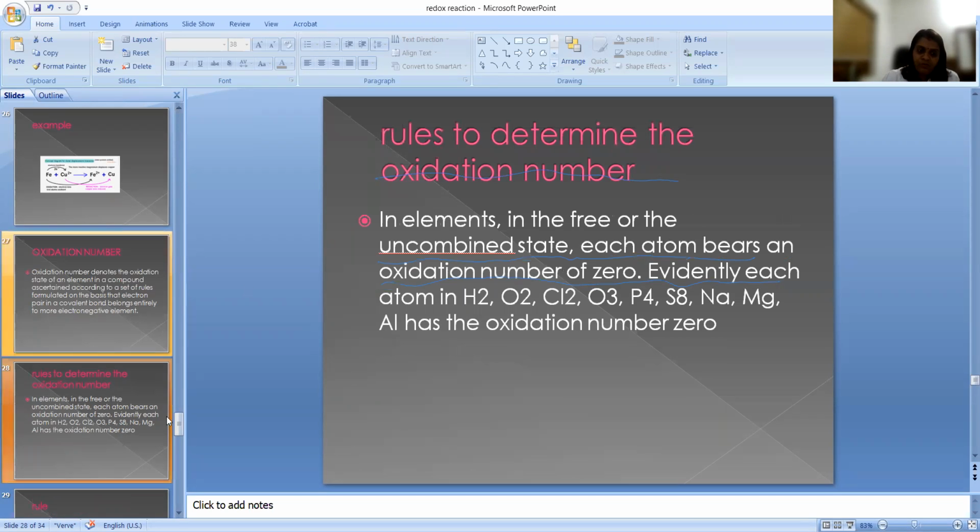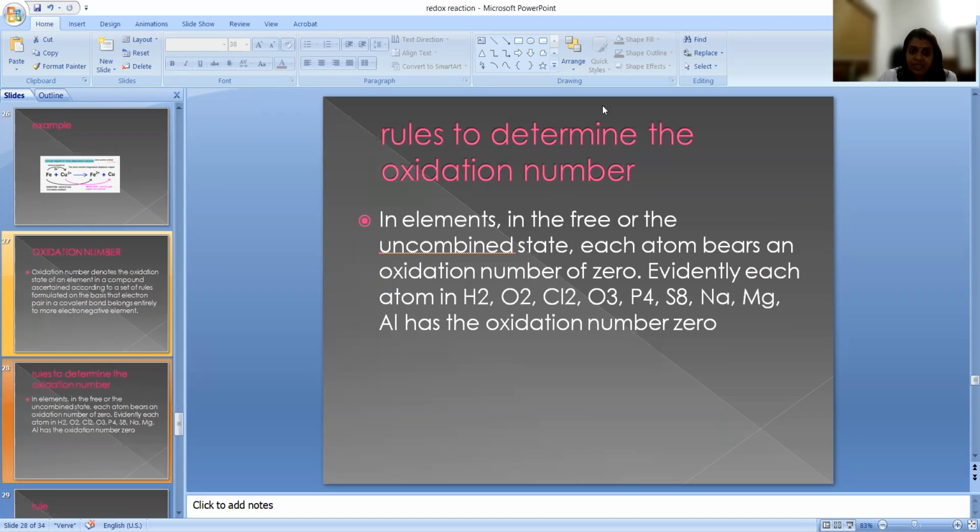So first let us see the rules to determine the oxidation number. The first rule is for an element. We already discussed that for an element the oxidation number should always be 0.